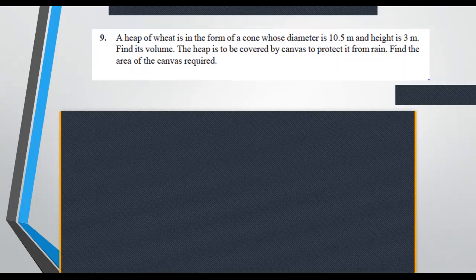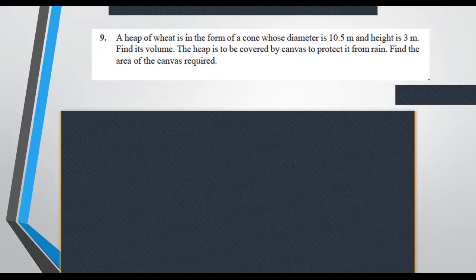It's kept in the form of a heap. So a heap of wheat is in the form of a cone whose diameter is 10.5 meters and the height is 3 meters. Find its volume.